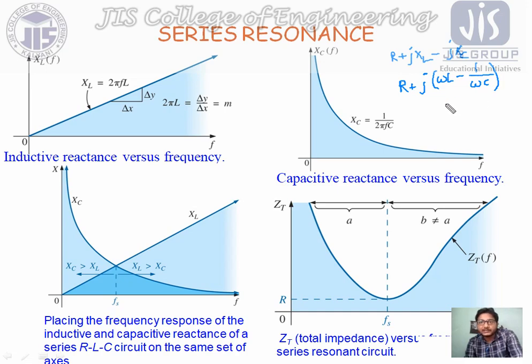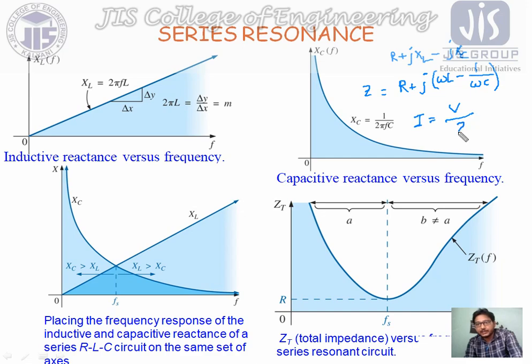This was the overall impedance, our Z. So for resonance or any other condition, our current will be I equals V by Z, as we have already calculated.